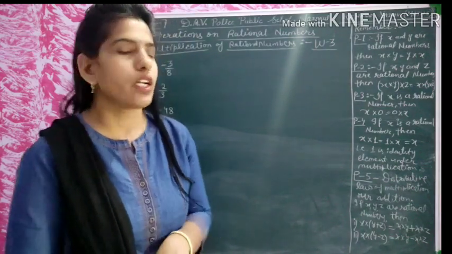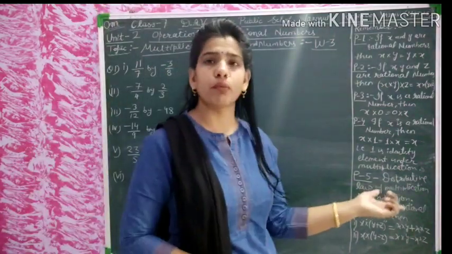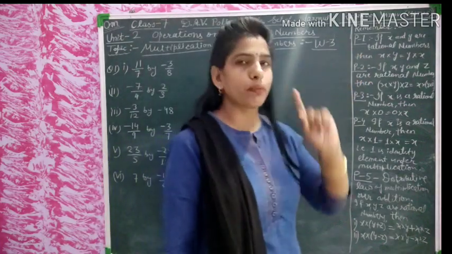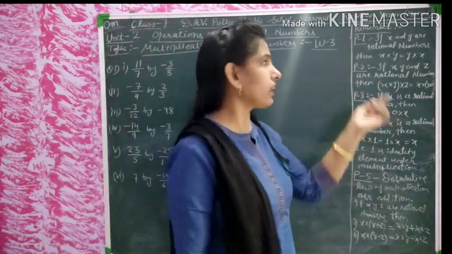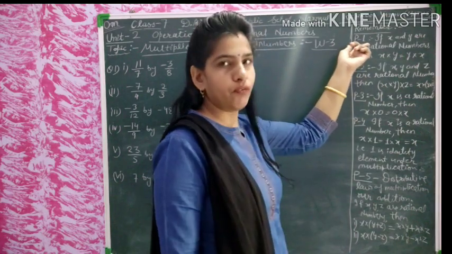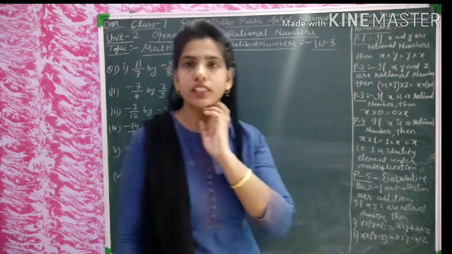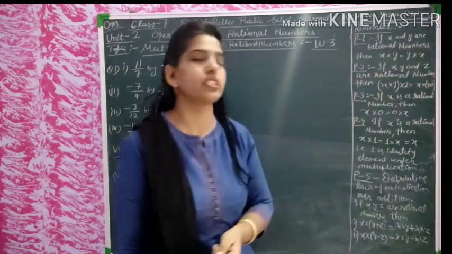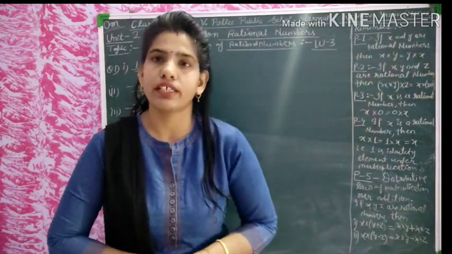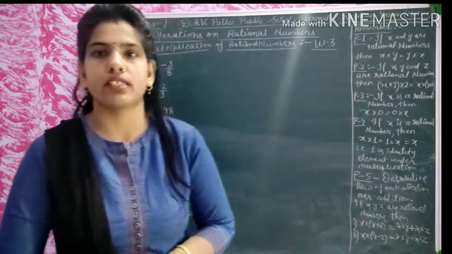Okay students, now we will revise these properties, but the operation is different only and the properties are the same there. That is property number first. In property number first, it is given that if x and y are two rational numbers, then x into y is equal to y into x.